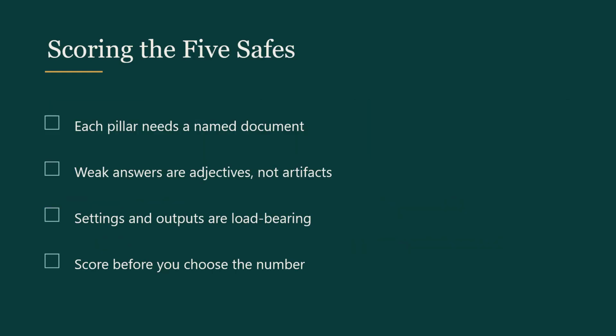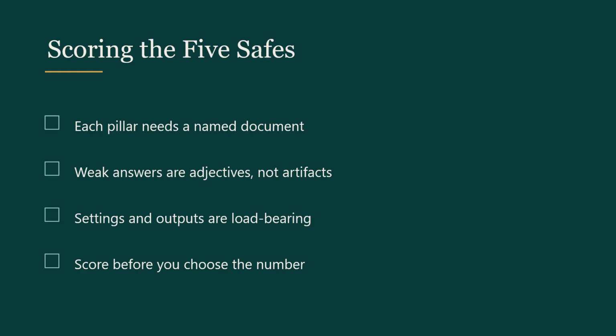Here's how to score the 5 safes so the assessment produces artifacts rather than adjectives. Safe projects. The proof is an approved protocol, an ethics board approval letter, or the recitals and purpose clause of the executed agreement. The weak answer is the recipient telling you the work is for research.